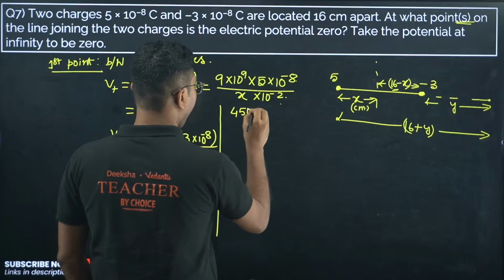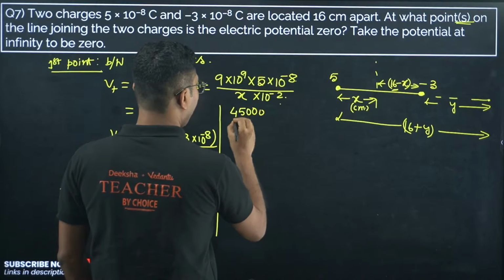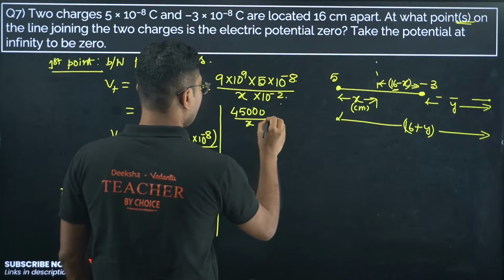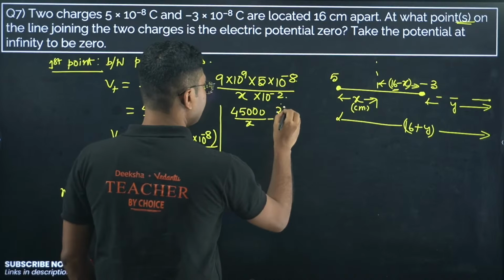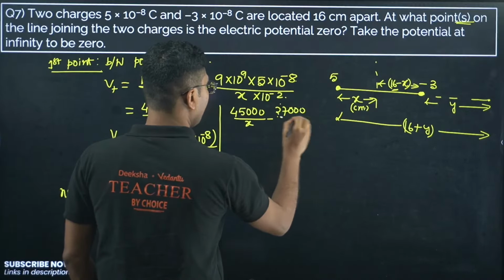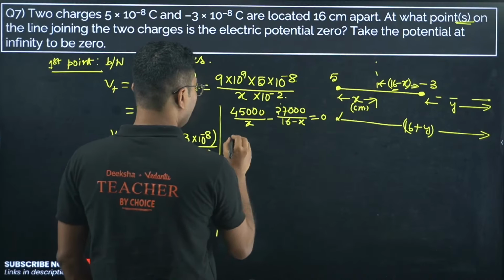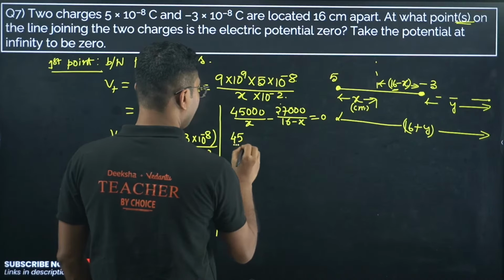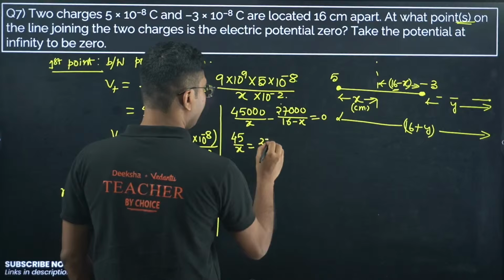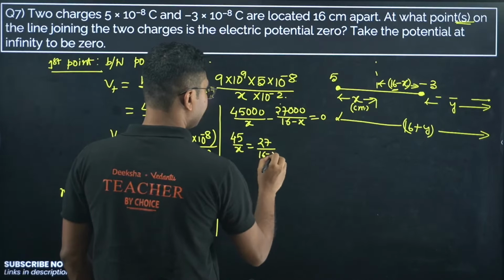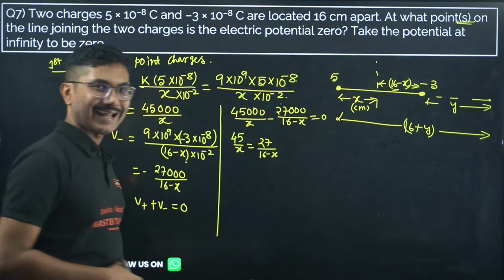45,000 by x minus 27,000 by 16 minus x equals 0, or 45 by x equals 27 by 16 minus x. 3 zeros will be common and cancelled.